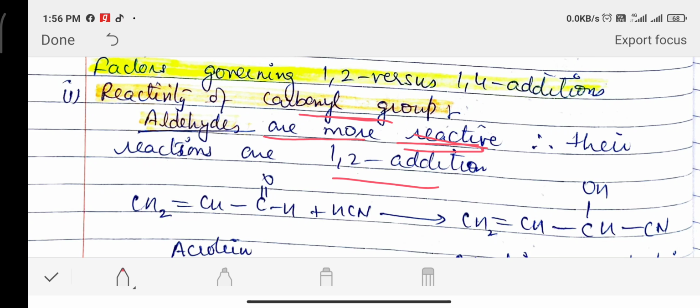Whereas if we take up the addition of HCN to this alpha beta unsaturated aldehyde, that is acrolein, then the CN group is attached to carbon and H is attached to oxygen, that is, OH is formed.